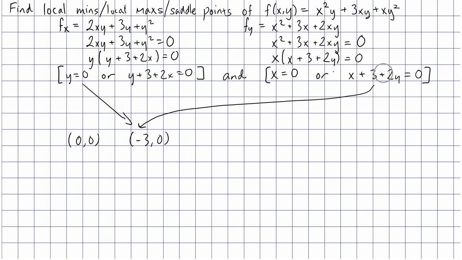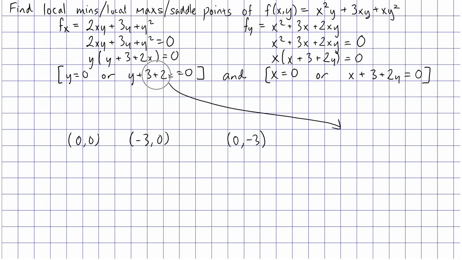We've looked at each of the options over here, but then we can take the second equation over here and the first equation over here. Now x is equal to 0, so plug in x equals 0 here, and then you're forced to see that y is equal to negative 3. So 0, negative 3. And then finally, you could combine the last equation over here with the last equation over here.